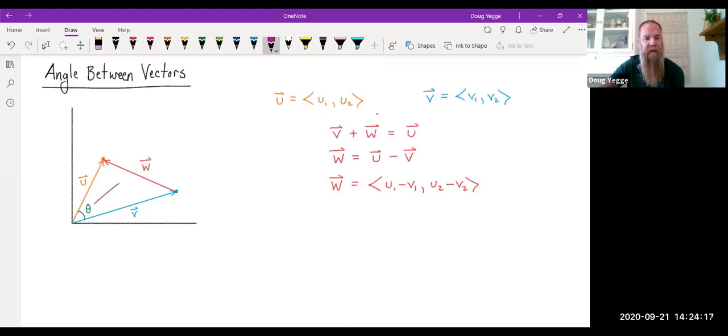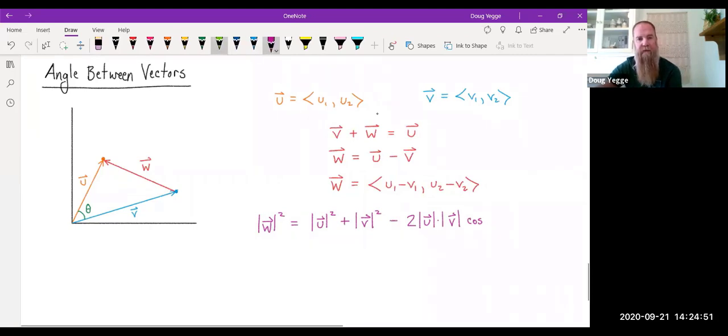So since theta is opposite w, my law of cosines is going to start with the magnitude of w squared is equal to the magnitude of u squared plus the magnitude of v squared, minus 2 times the product of these two, so the magnitude of u times the magnitude of v, times cosine of the angle between them.